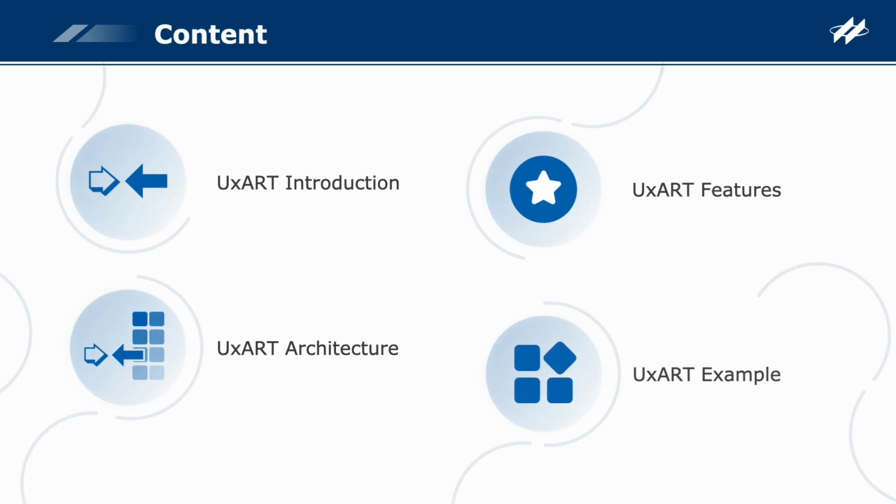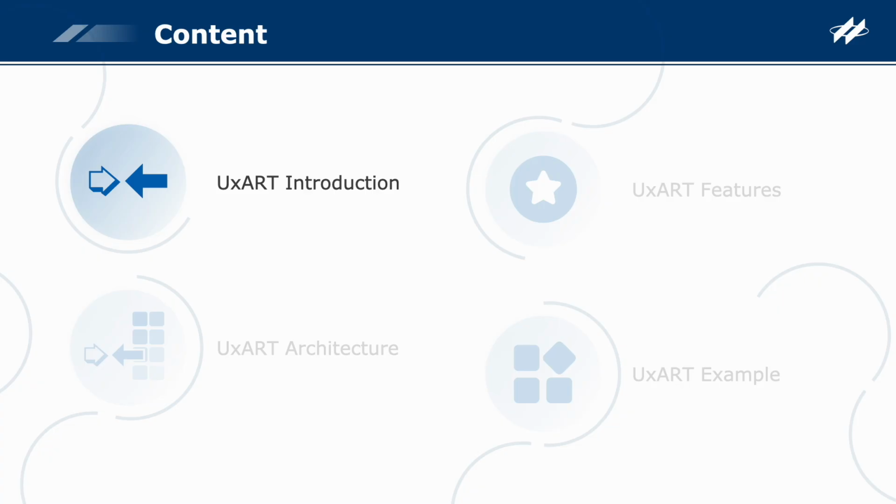Here is an introduction to the chapters in this tutorial. The first chapter, UxART Introduction, provides a simple introduction to help users understand UART and USART. The second chapter, UxART Architecture, introduces the function structure of UART and USART to help users understand the internal architecture.